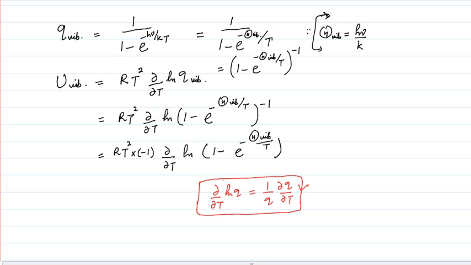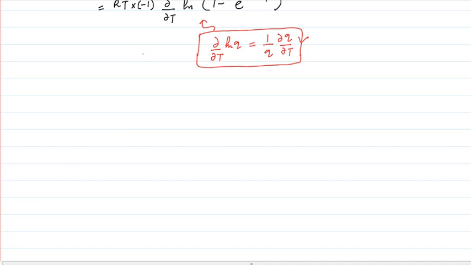So if we apply this here, suppose we take it as Q, it will be 1 upon this Q ∂Q upon ∂T.